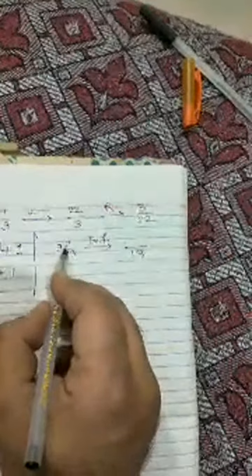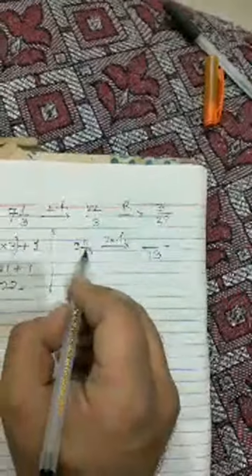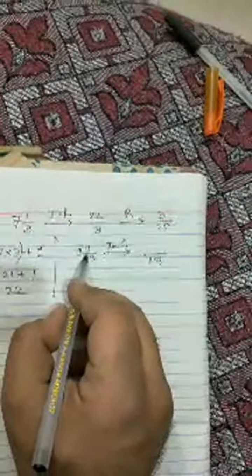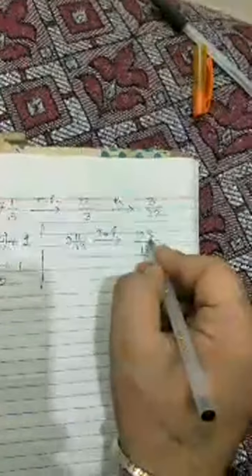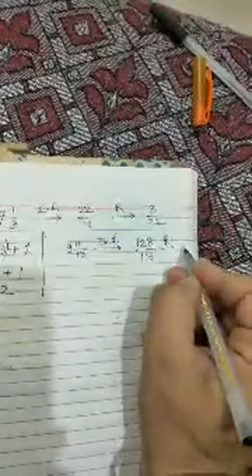Then you add 11 to 117: 13 nines are 117, plus 11, that is 128. So it would be 128 by 13, and the reciprocal of this would be 13 by 128.